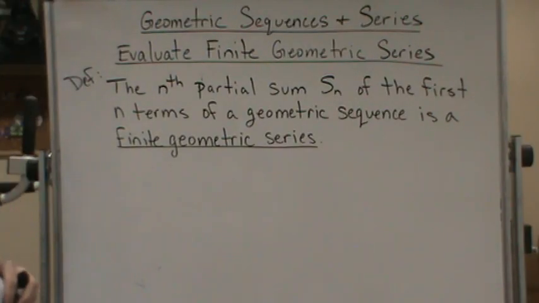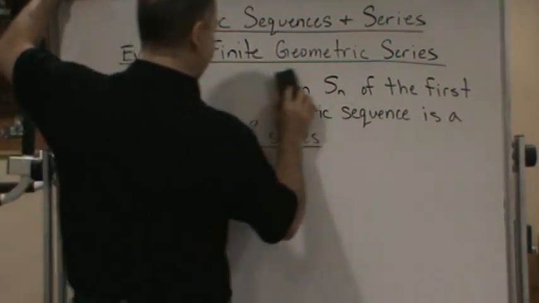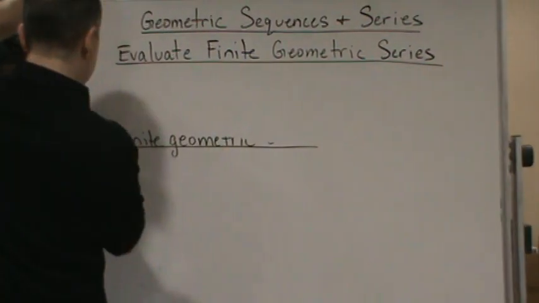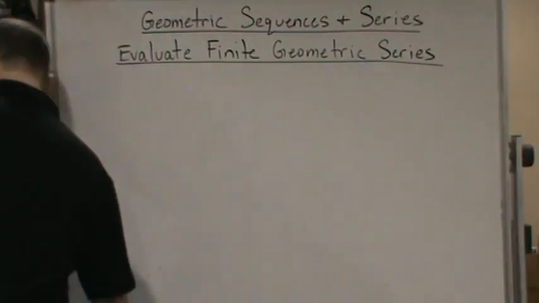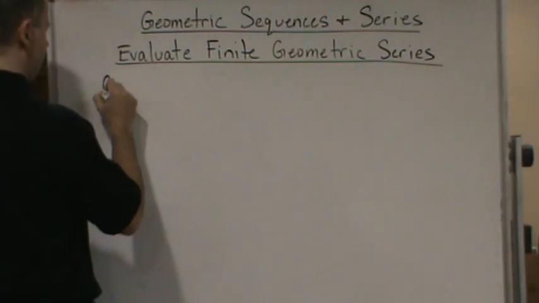Okay? Same thing. Now, how do we derive the formula for S sub n? Well, the first thing we're going to do is consider a geometric series.